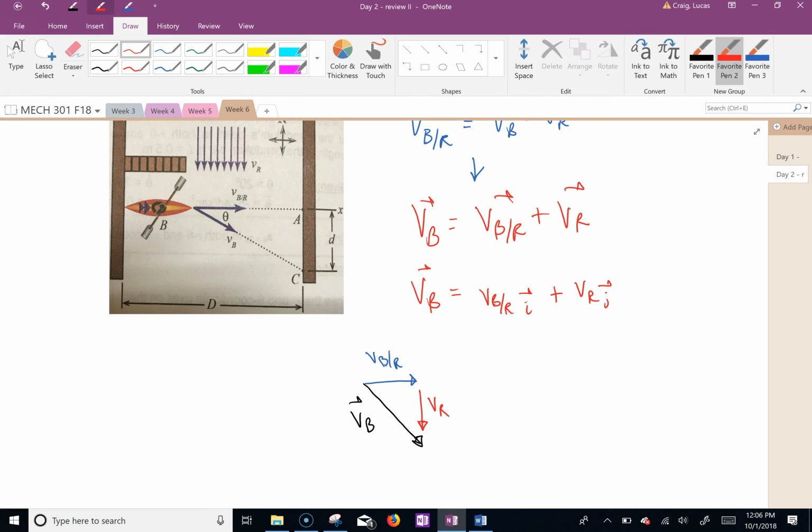So what is the velocity in the x? It's the blue. And what is the velocity in the y? It's that one.